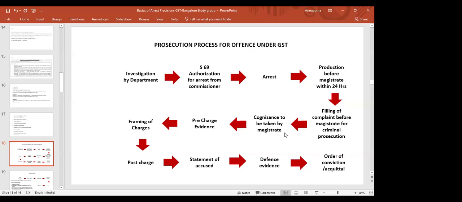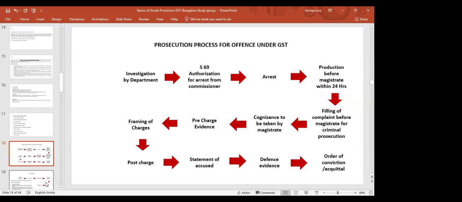The magistrate takes cognizance of the complaint and other evidence. Then there will be pre-charge evidence, and they will frame the charges. After that, they take the statement of the accused, and ask whether there is any defense evidence against the pre-charge evidence. Then there will be either an order of conviction or an order of acquittal.